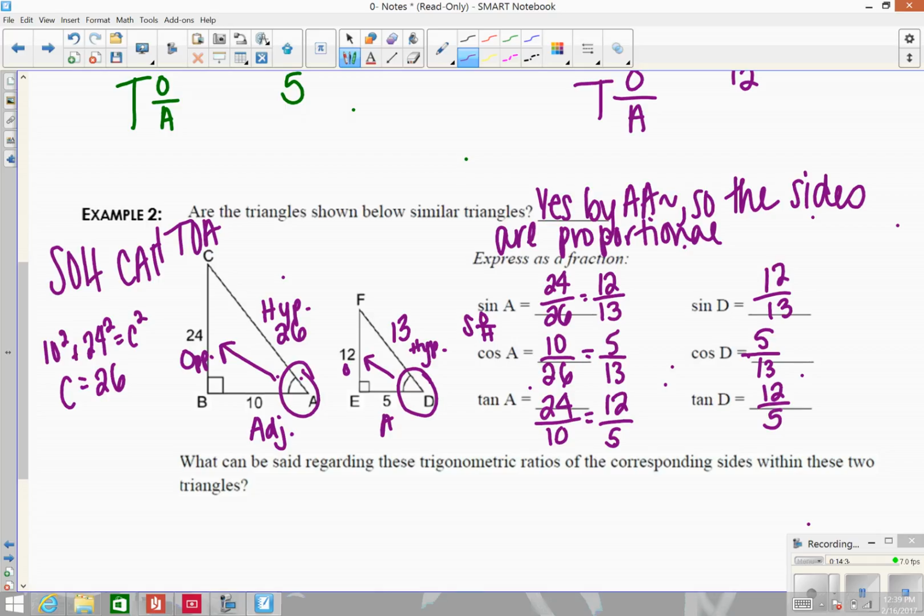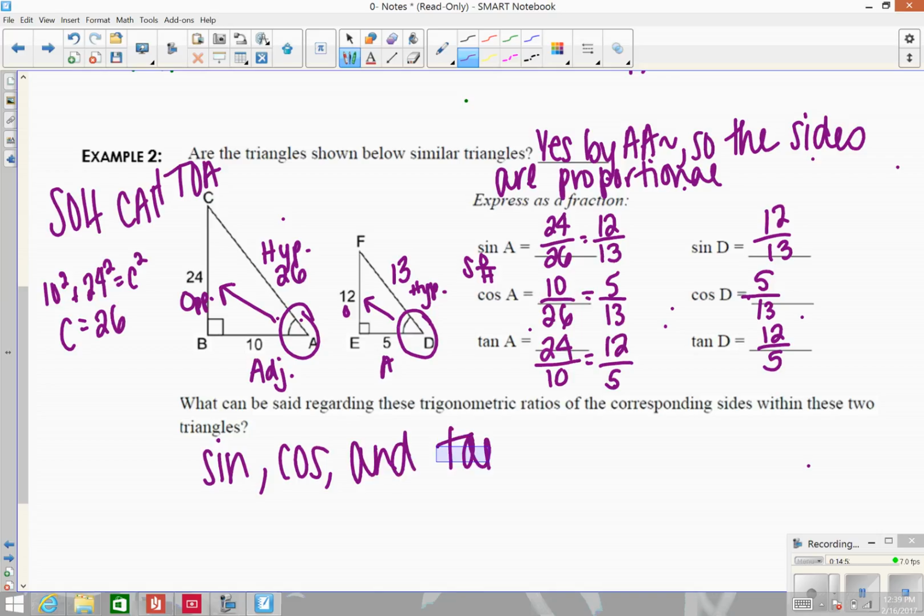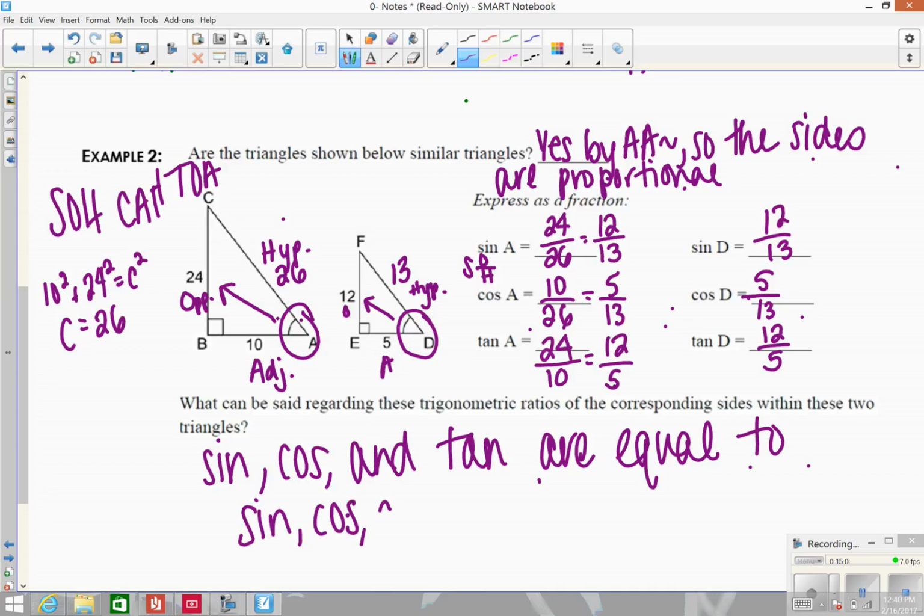So the whole point of this is what can be said regarding these trig ratios of the corresponding sides of these two triangles. They are equal because the acute angles are the same. So sine, cosine, and tangent are equal to sine, cosine, and tan of congruent angles.